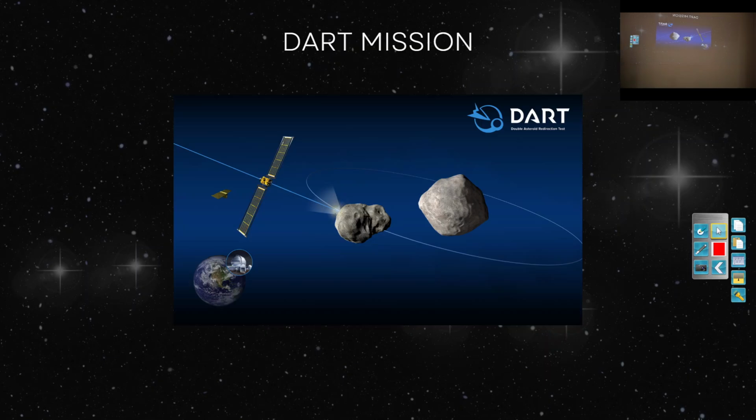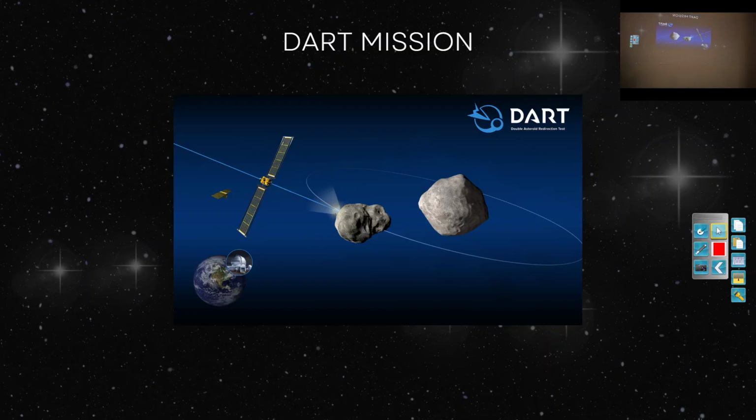DART mission. So, DART mission is also NASA's only. So, it is like a defense satellite which will destroy asteroids that are going to come near the Earth. Probably an asteroid which can enter the Earth, that will impact the Earth.